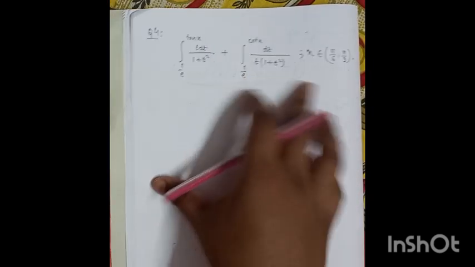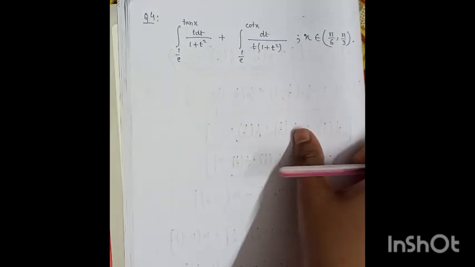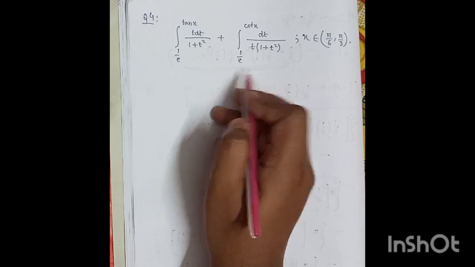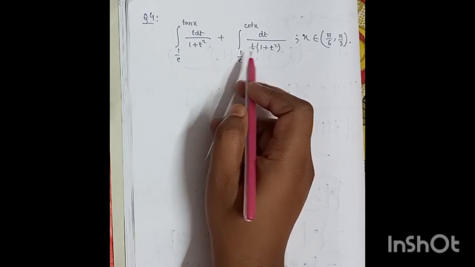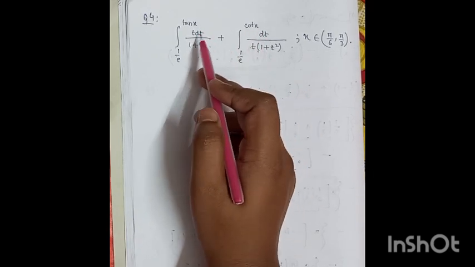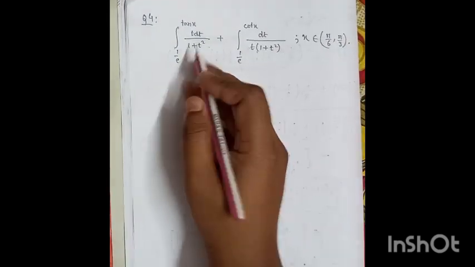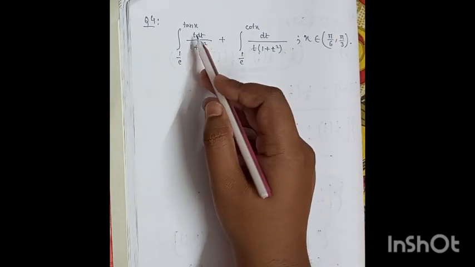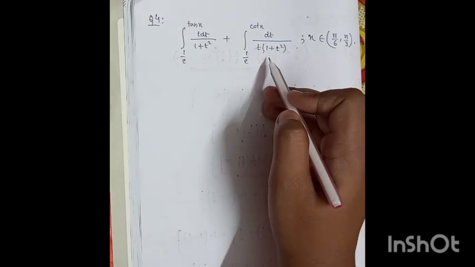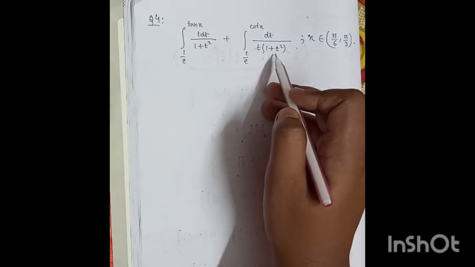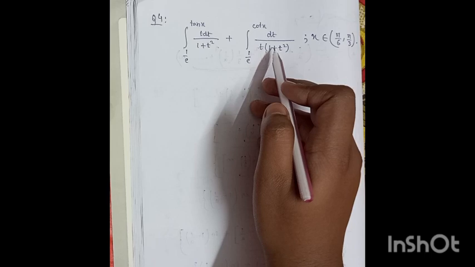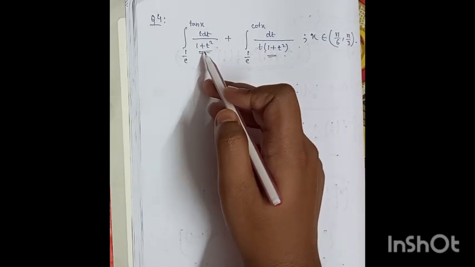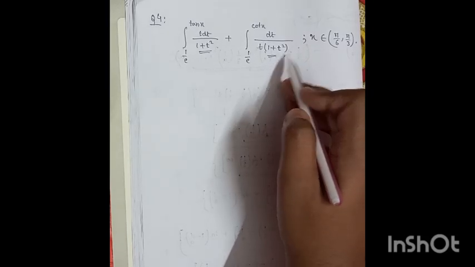So this is the fourth question that we are going to discuss. Here the question says these two integrals are given to us and we are to find the value of the sum of these two integrals. As I can see, the integrands here and here are different, but there is some similarity between them because both contain a term of 1 plus t square.